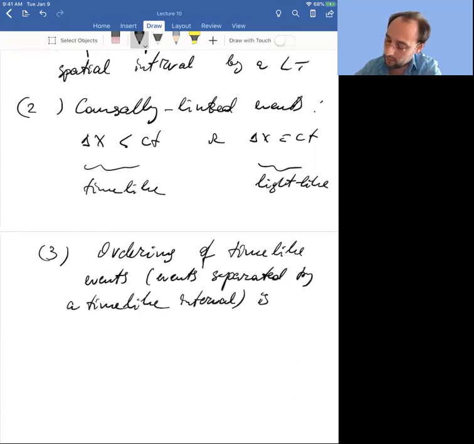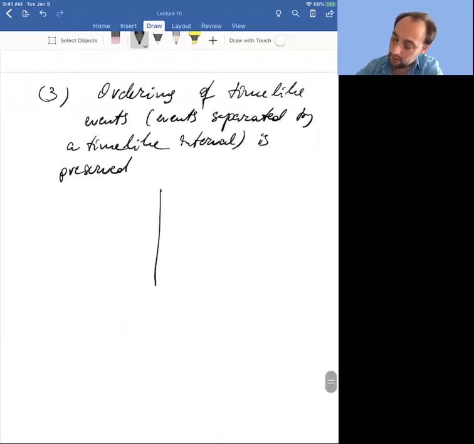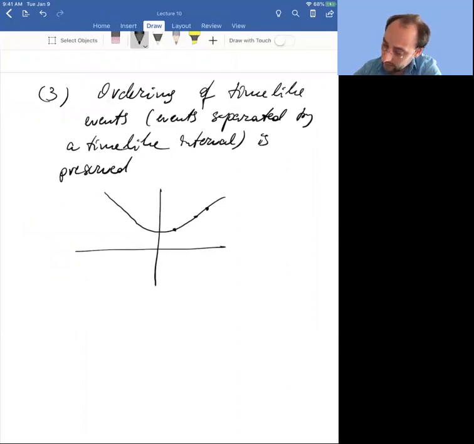Is preserved. So here's a hyperbola that corresponds to time-like intervals. Event 1 is at the origin, and depending on where you are, you can access all these points with a Lorentz transformation, but you can see delta t is always bigger than 0, or you can be here and delta t is always less than 0.